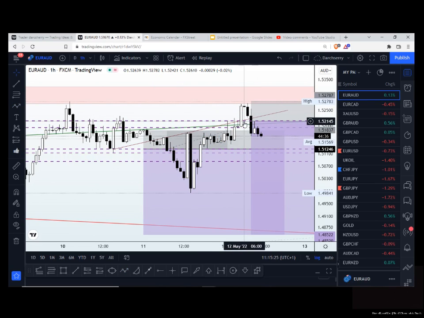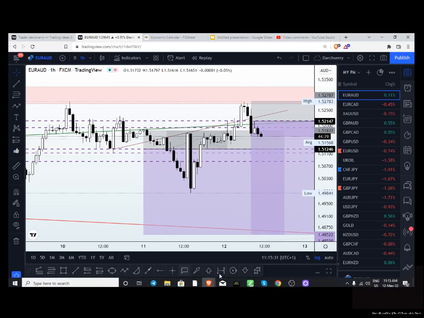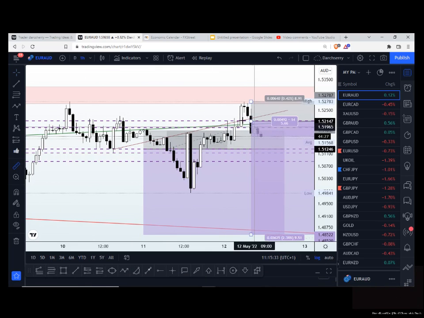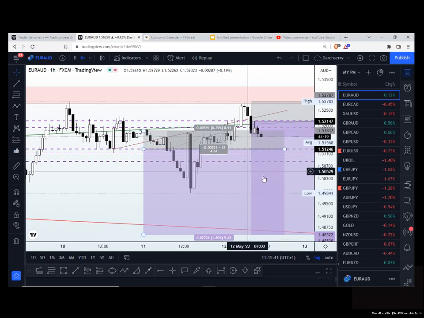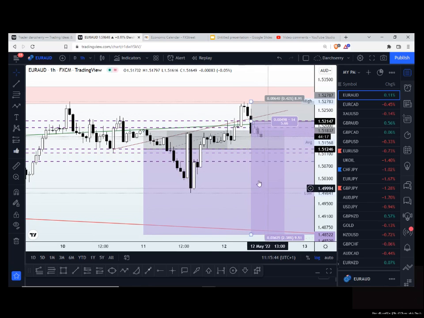So we had an entry at 1.52155 and 1.51915, which are both executed at this point, and we are running a total of, let's see, we have 50 and 20, so that's around 80 pips profit right now.